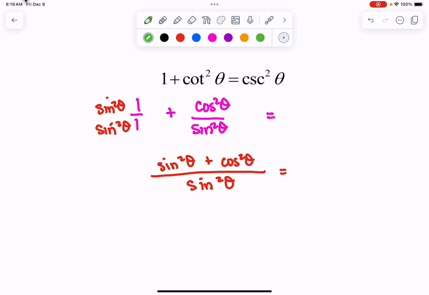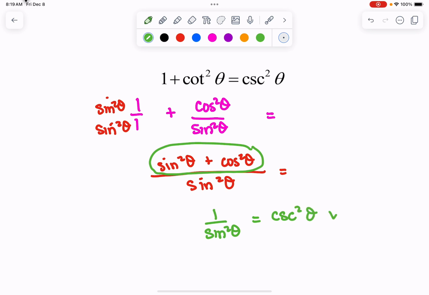Notice the same thing happened as in our first problem. In the numerator, I can replace sine squared plus cosine squared with 1, and 1 over sine squared is in fact equal to cosecant squared, so it checks out. And now I can use my second Pythagorean identity.